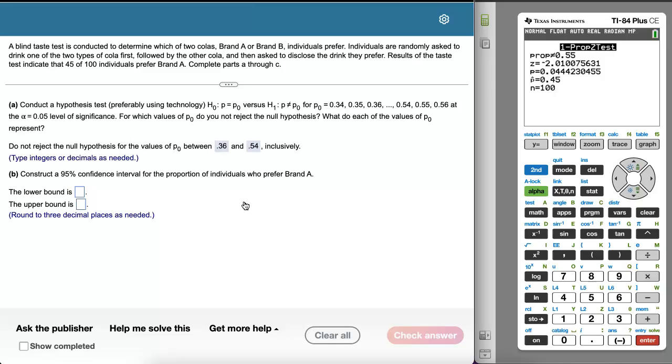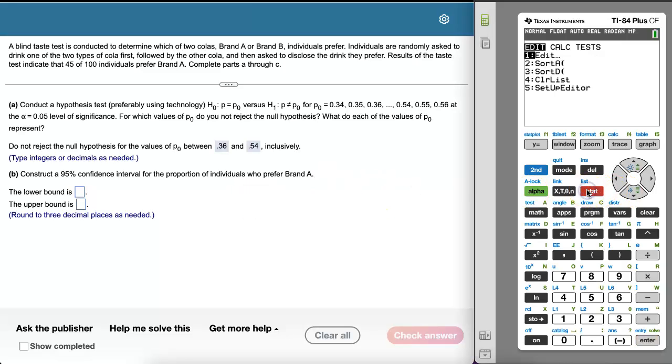Now, next we're going to construct a 95% confidence interval, and we're going to do this with the calculator to obtain a confidence interval for a population proportion. To do that, we go to Stat, back to Test, and scroll down or up until we get to choice A, which is one proportion Z interval.